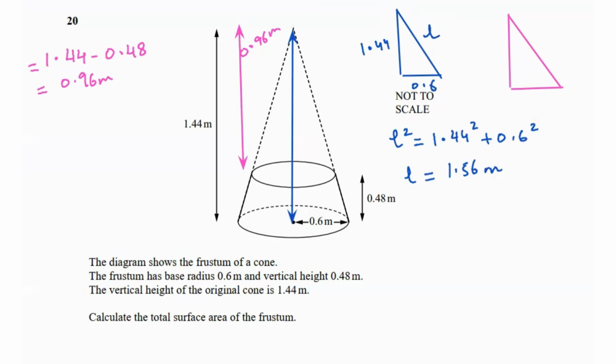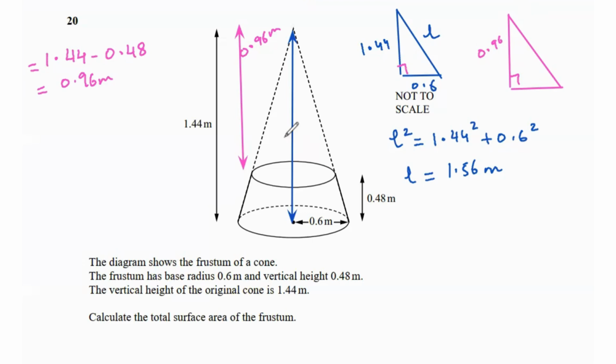Now over here, we have the height, which is 0.96, but we don't have the slant length or the radius. So let's figure that out first. We know that when a cone is removed from a bigger cone, those two cones are similar.